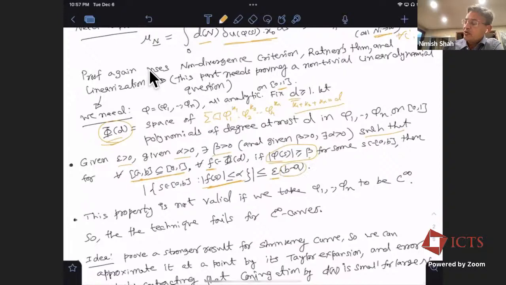Taking 1 over b minus a on this side, the relative measure is less than epsilon. So only an epsilon proportion of this interval can become less than alpha.